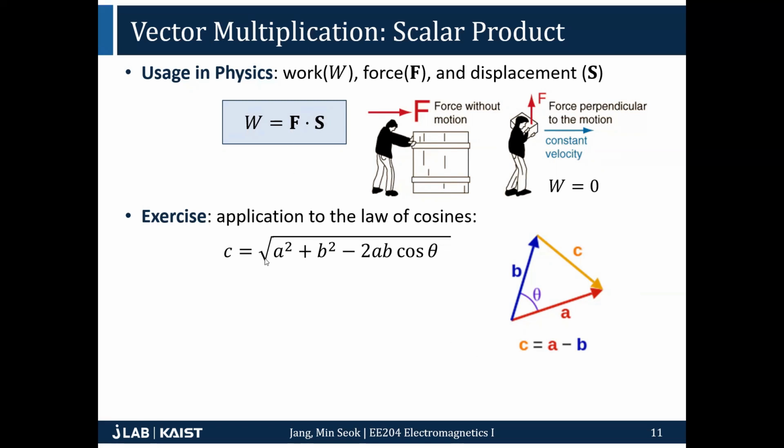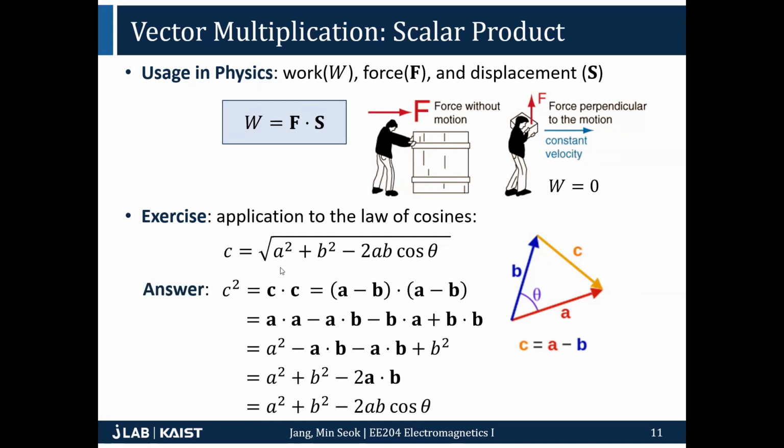And then this exercise is also kind of easy. You can use this scalar product to prove the second law of cosines. So think about this triangle. You have A and B and C. And C is defined as A minus B here, right? And so C dot C is equal to (A minus B) dot (A minus B), right?